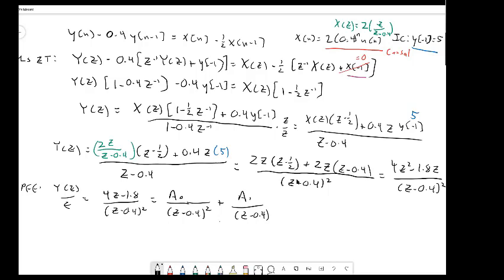And if you were to plug in and find those partial fractions, we'd find that A0 happens to end up being minus 0.2, and A1 turns out to be 4.